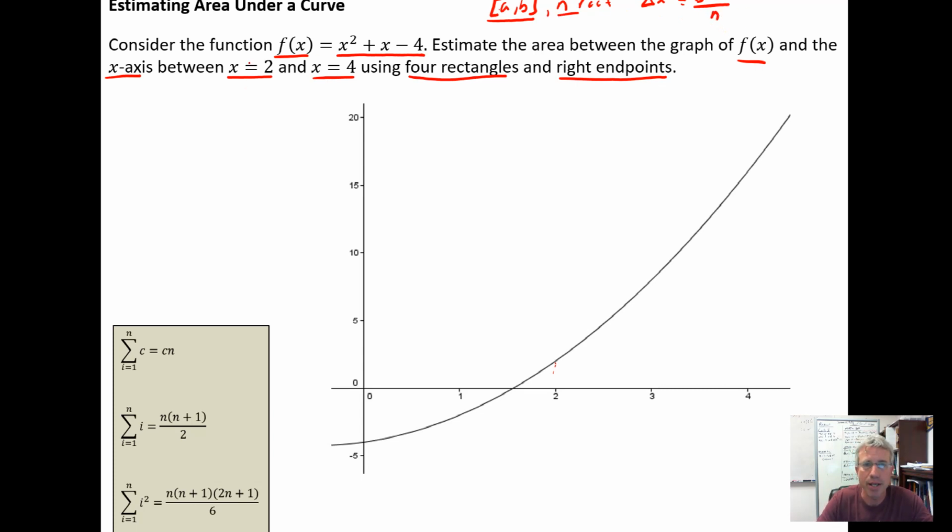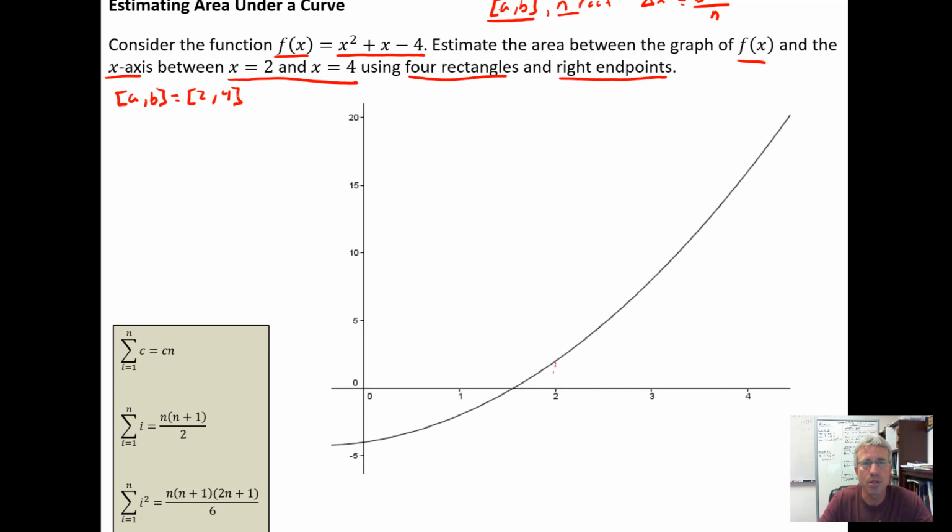So in this particular case, because we want to estimate the area under the curve between 2 and 4, we know we're working over the closed interval from A to B, which is equal to the closed interval from 2 to 4.